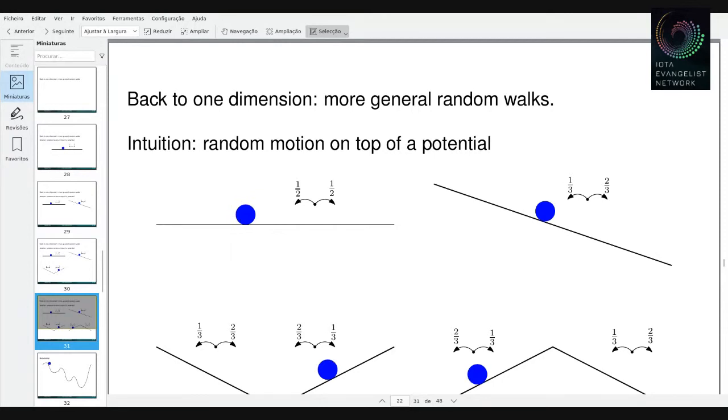So it's a good way to think about walks without looking really at transition probabilities, but rather you just imagine a drunken guy who is walking on this mountain, on this valley. So it has some physical meaning.